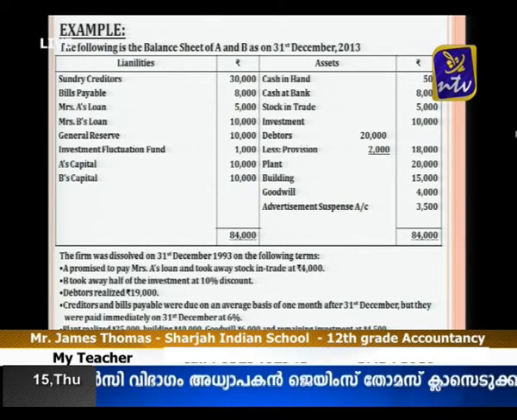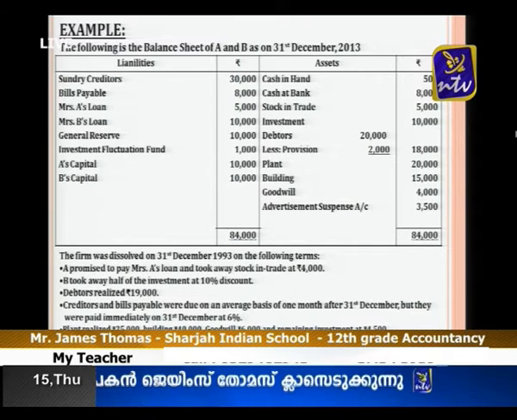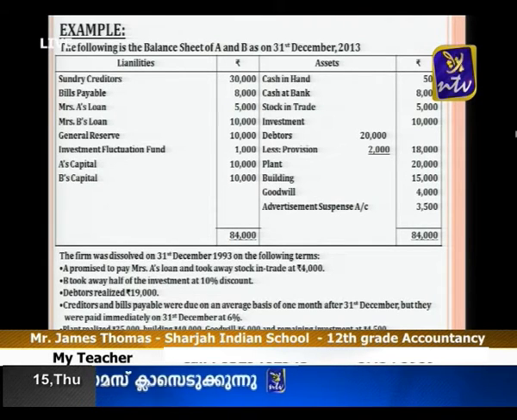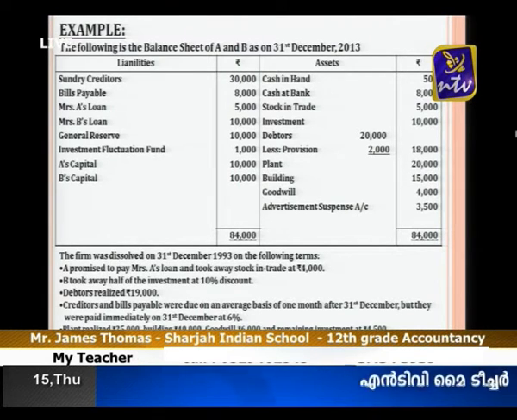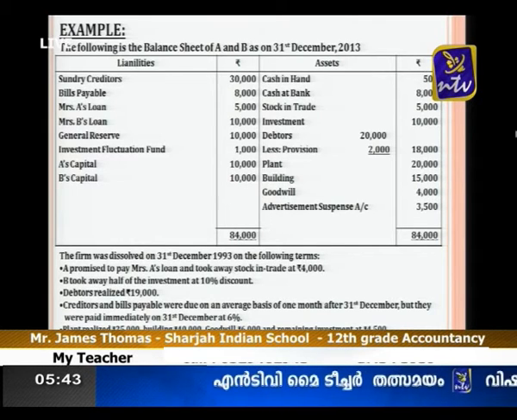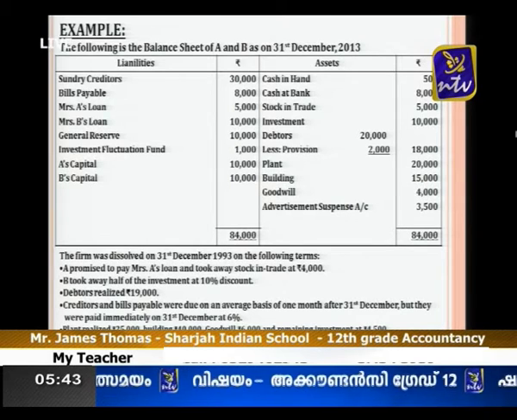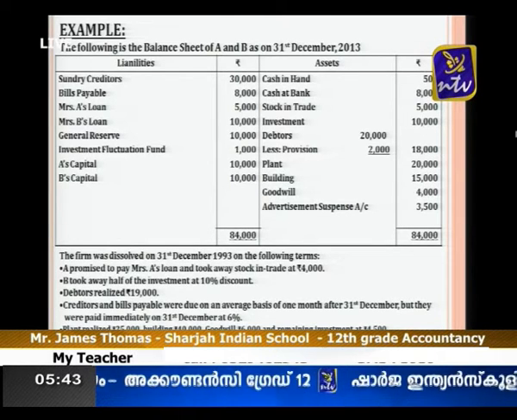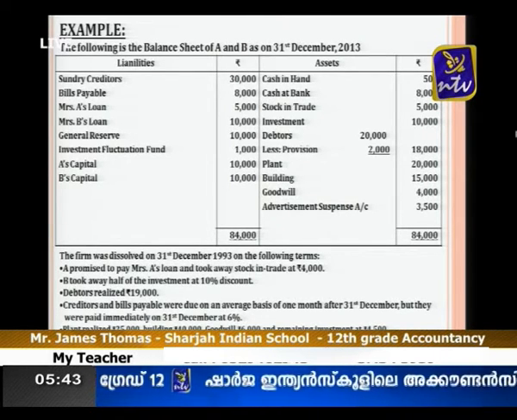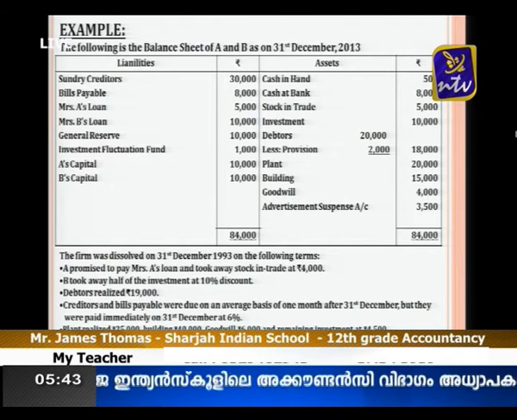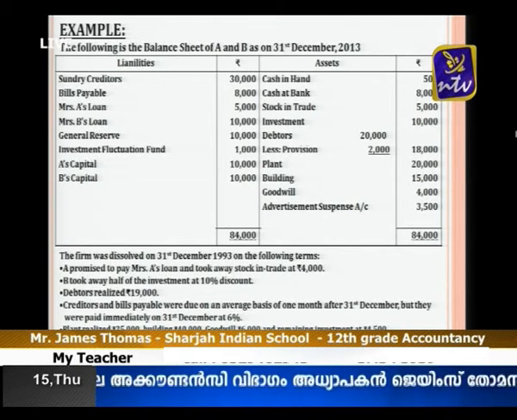After passing these two entries, look at the adjustments. Adjustment number one: A promised to pay Mrs. A's loan and took away the stock at its book value of 8,000. That means A, one of the partners, is ready to pay his wife's loan and simultaneously taking over the firm's asset.